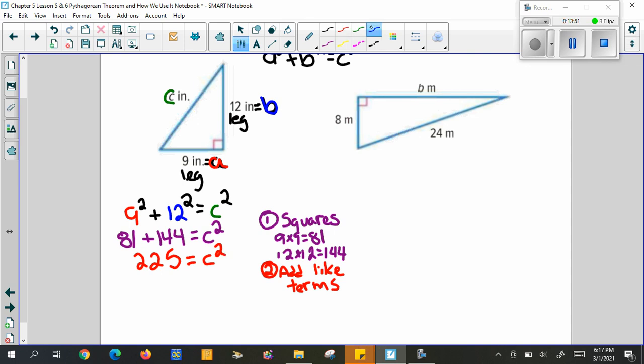And this next part we have not seen since the beginning of the year, and that is, how do I get C by itself? C has a square on it, so I need to find the square root.